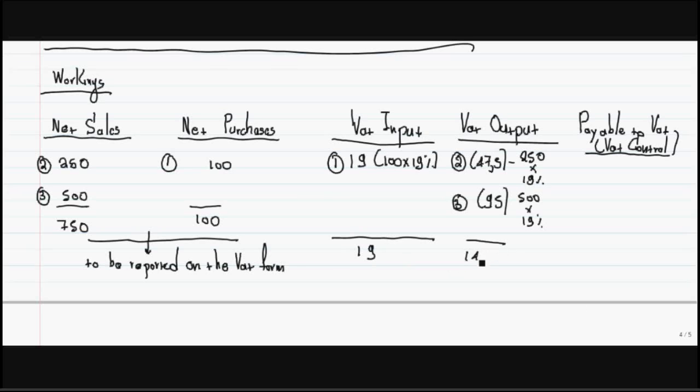We zero these two by an adjusting entry. So VAT input, we need to zero this, and of course this, and transfer these two amounts to the VAT control account.